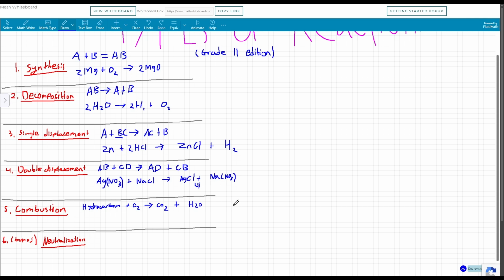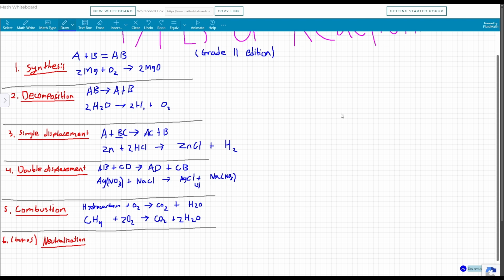Let's give an example. Let's get methane, CH4. This is a hydrocarbon, meaning it contains hydrogen and carbon, plus some oxygen. Will give us carbon dioxide plus H2O, but we need to balance this equation, so here, and that is balanced.